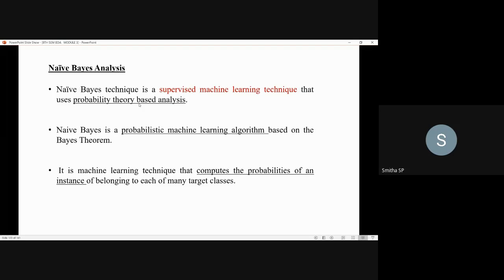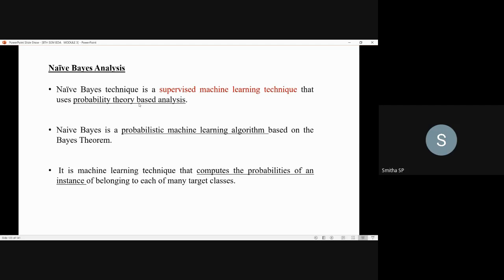It is a probabilistic machine learning algorithm, because it is a supervised machine learning technique which uses probability theory based analysis. It is based on the Bayes theorem.